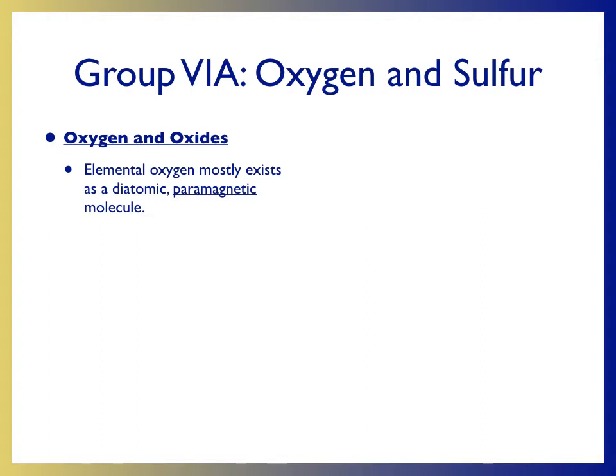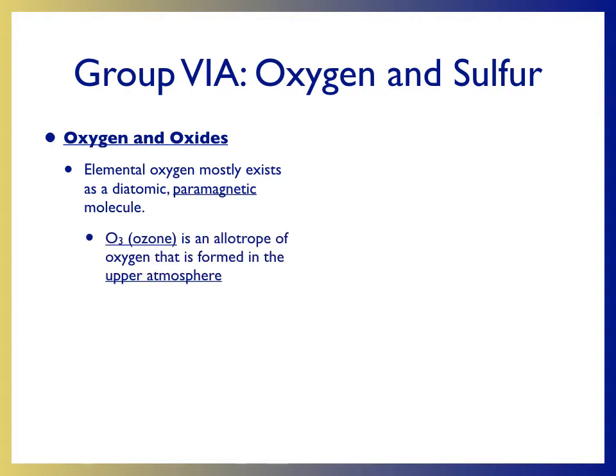Another allotrope observed of oxygen is ozone, which is an O3 molecule. Ozone forms through reactions in the upper atmosphere, and a layer of ozone protects the planet from harmful ultraviolet radiation from the sun.